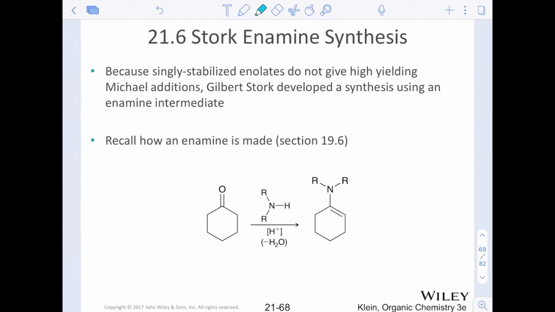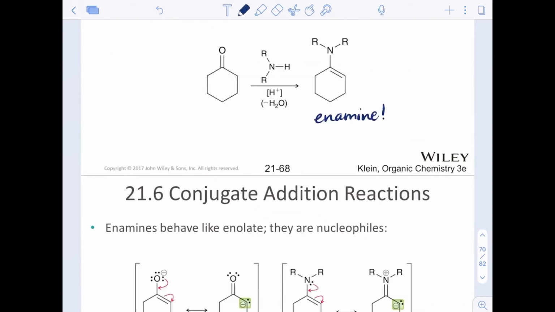This ketone cannot be the Michael donor. But if you convert it into an enamine, this enamine here, you actually can create the conjugate addition much better.